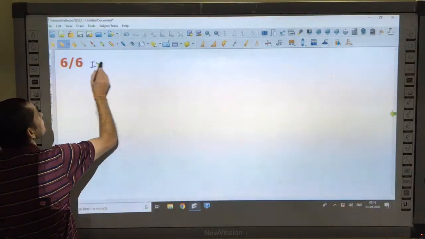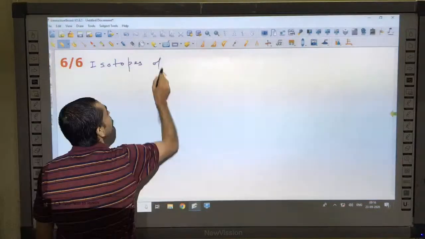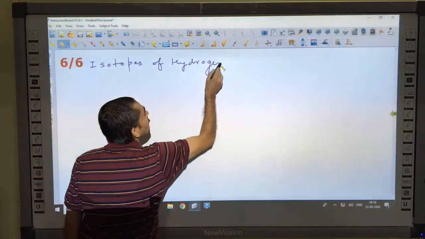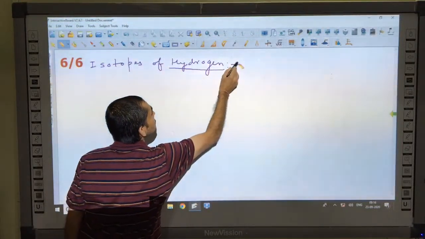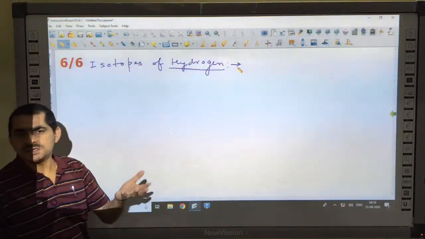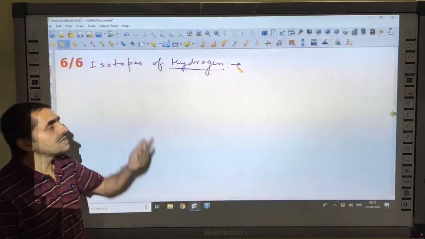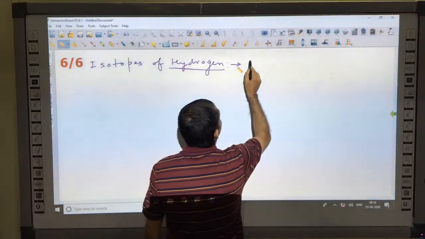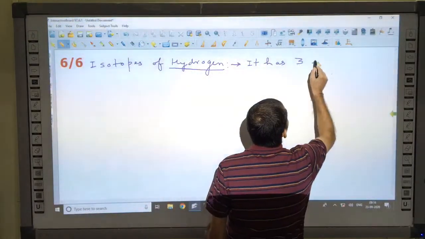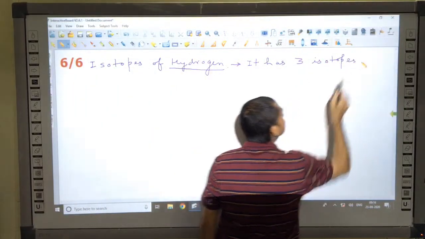Now, next is isotopes. Isotopes of hydrogen. Now, you are familiar with isotopes. You have heard about isotopes. Isotopes means elements having the same atomic number but different mass number. So, hydrogen has three isotopes.